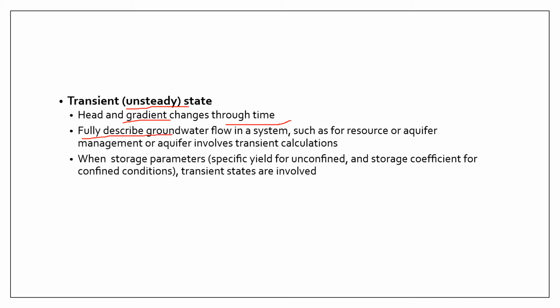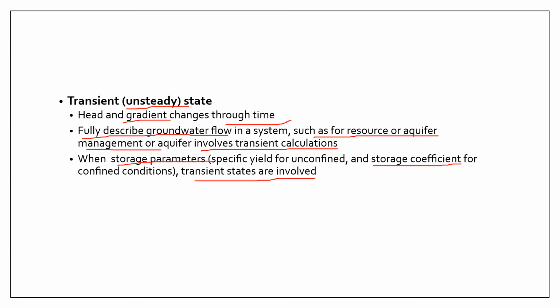And unsteady state equations are what you need to fully describe groundwater flow in a system, for example, resource or aquifer management and so on. And one of the good indicators that you're dealing with unsteady state conditions is when you have storage parameters, storage coefficients, or other transient states.